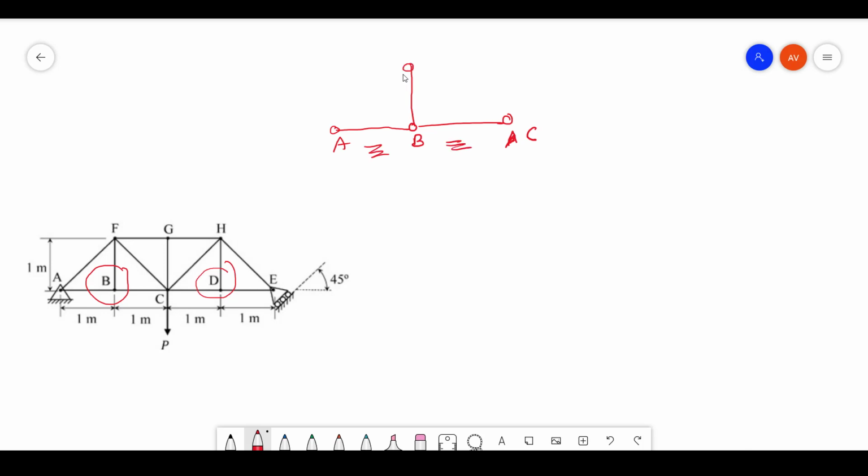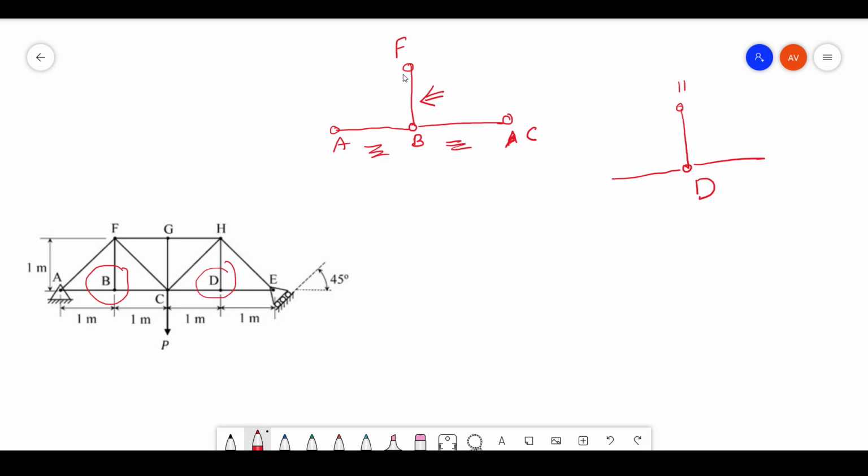That means this particular element, BF, has to be a zero force member according to the principle I have shown.